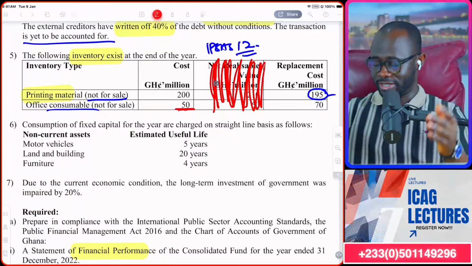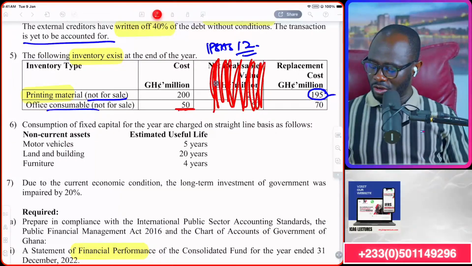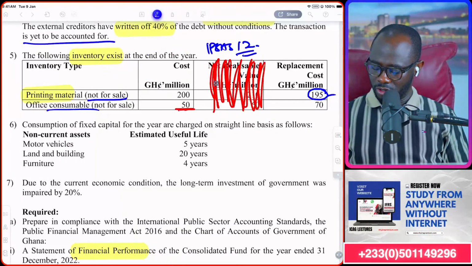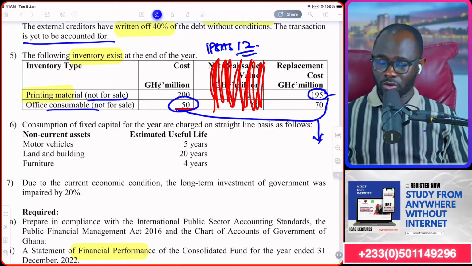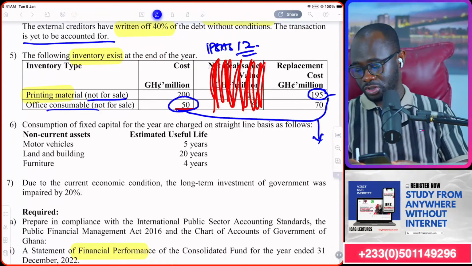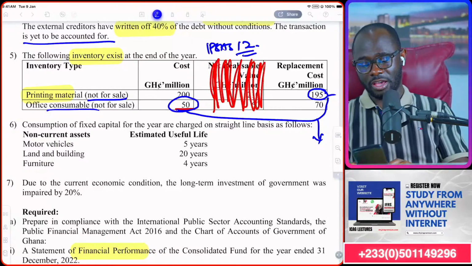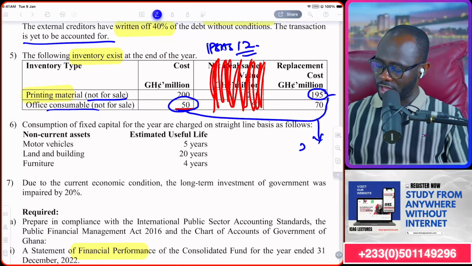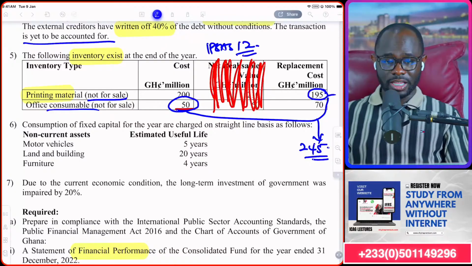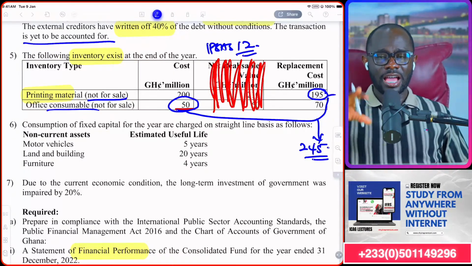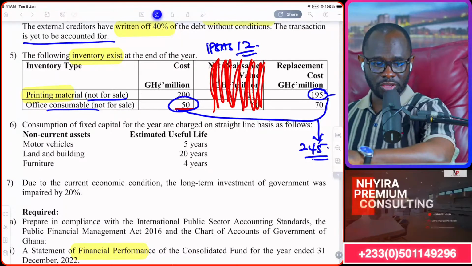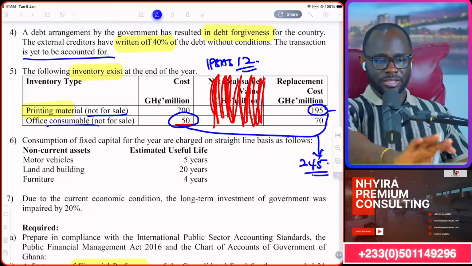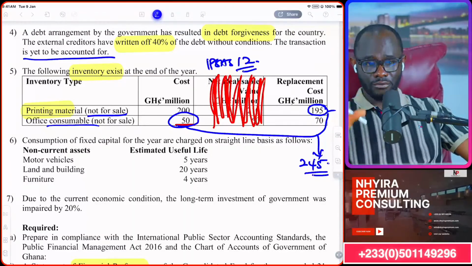So what do you expect? Now, our closing inventory will be in total the 50 plus the 195, and that will go on the face of the statement of financial position. So 50 plus 195, 245. So on the statement of financial position, under current assets, 245, that is what will go there. So that is IPSAS 12, note 5.